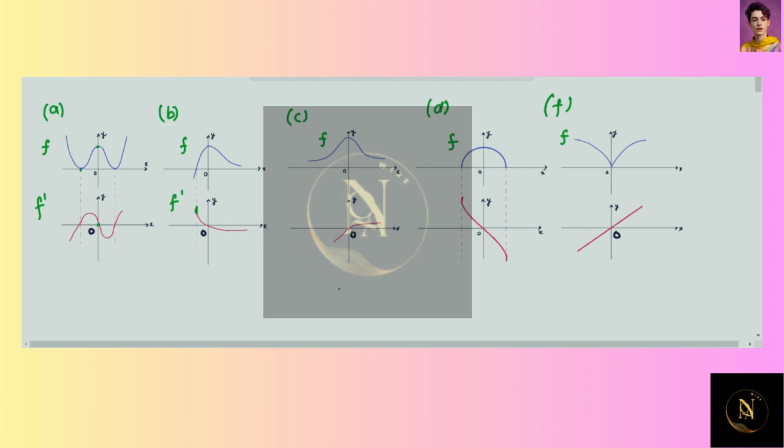Similarly, like here in option B, we have got it like this. It is increasing all the time. In the quarter part of the circle it is increasing, so its derivative must decrease for the quarter part of a circle. We are talking about the semicircle.